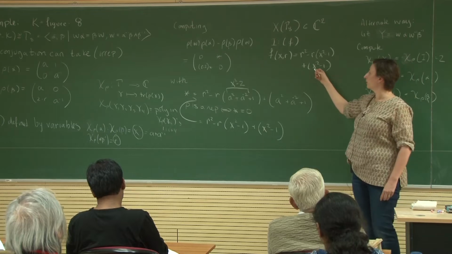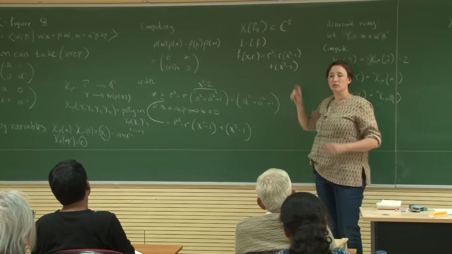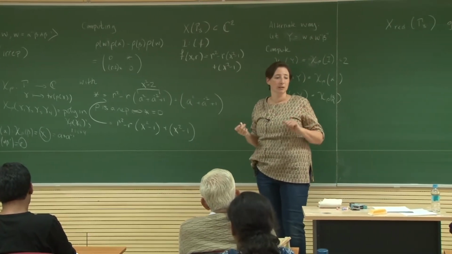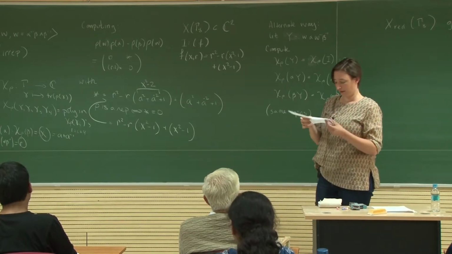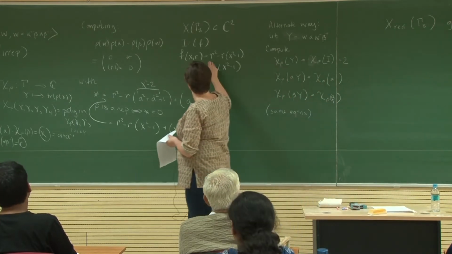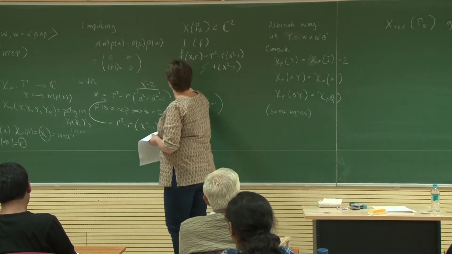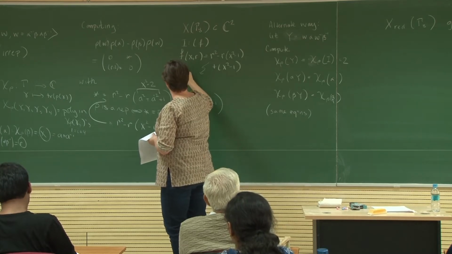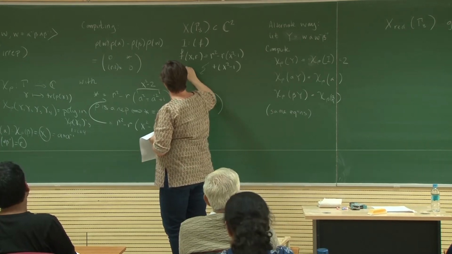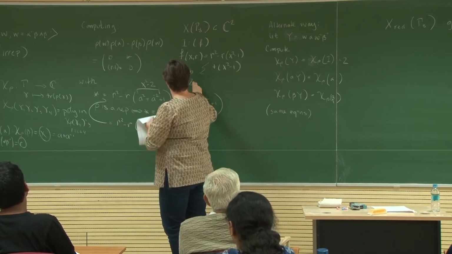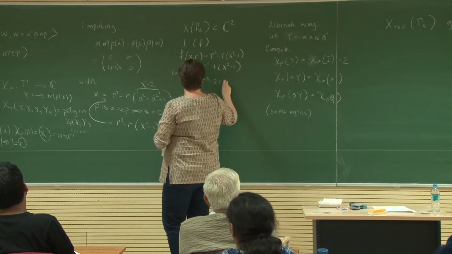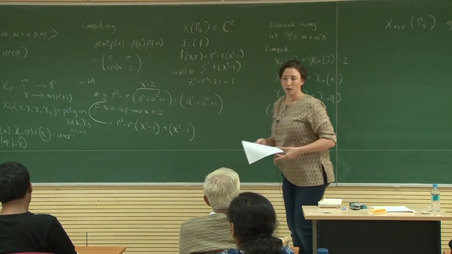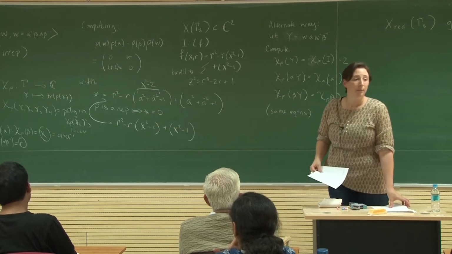Okay, so if you fiddle with this equation, this is actually birational to an elliptic curve. So this is birational to the curve that's given by that polynomial.